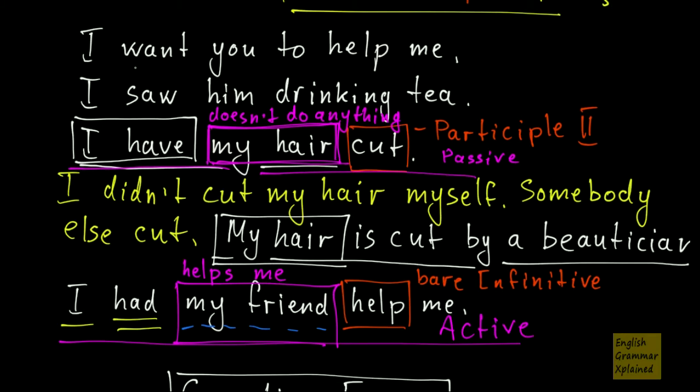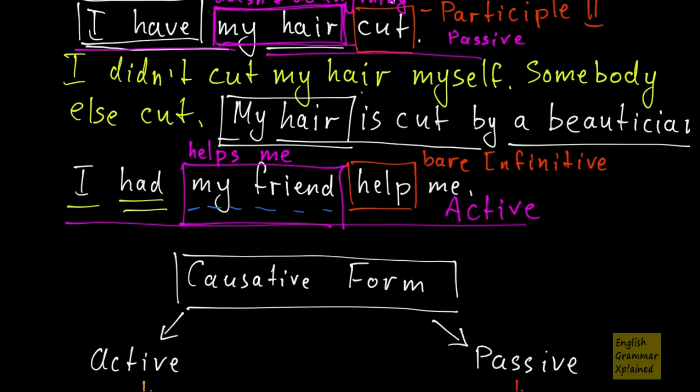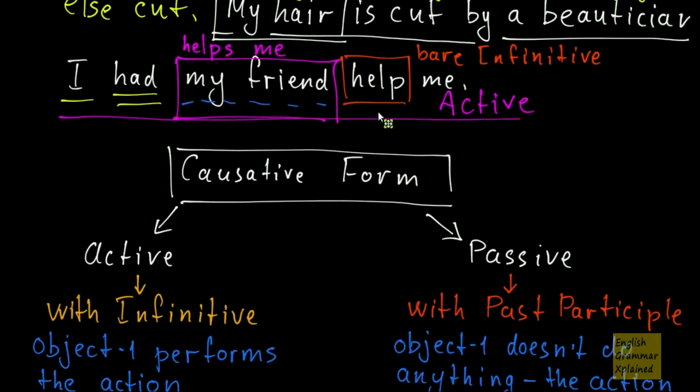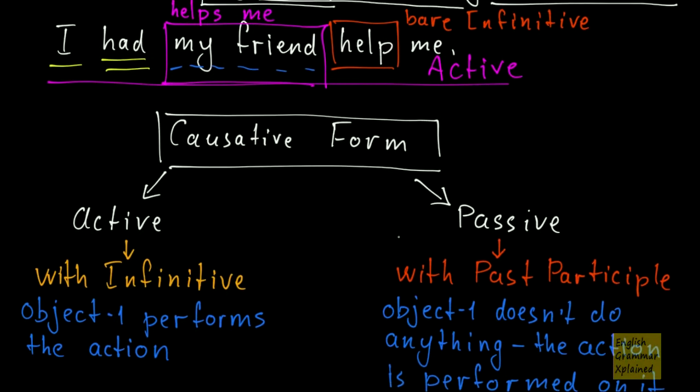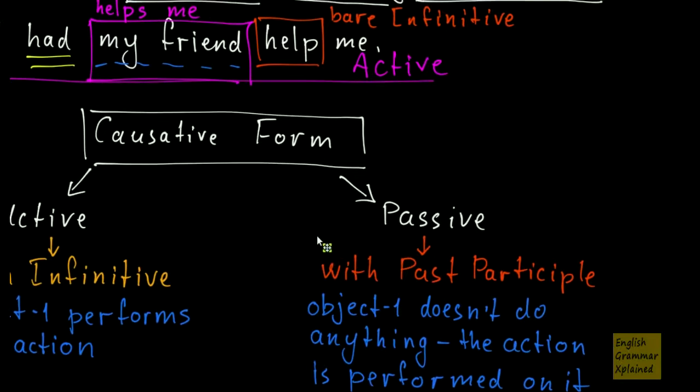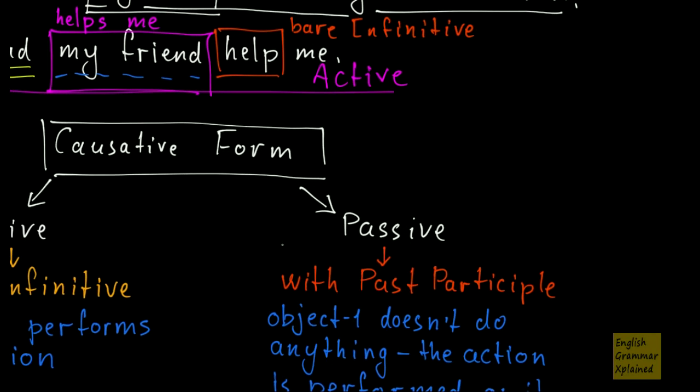Or maybe, how can I tell whether it's a complex object or causative form? Because they are all just the same. Well, they are the same, but there is another peculiarity about causative form. It is always used with the same main verb. That's interesting, but it's the fact.